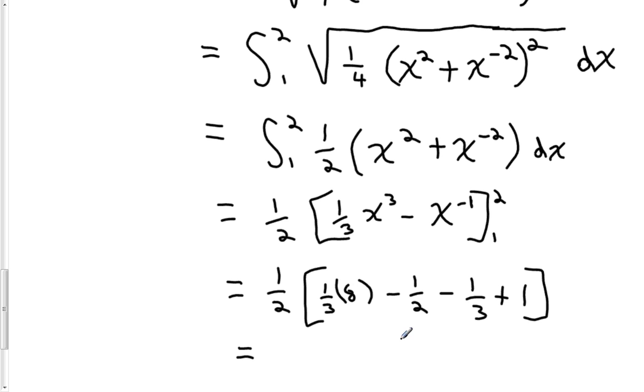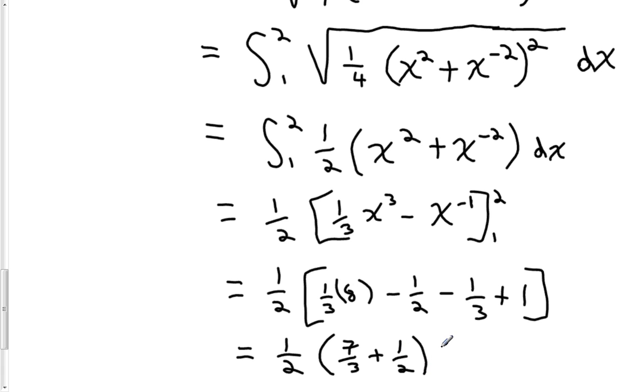Let's see what we have here. We have 8/3 minus 1/3 is 7/3. And then negative 1/2 and plus 1 is 1/2. So inside of this bracket, we get 8/3 minus 1/3, 7/3, and then plus 1/2.